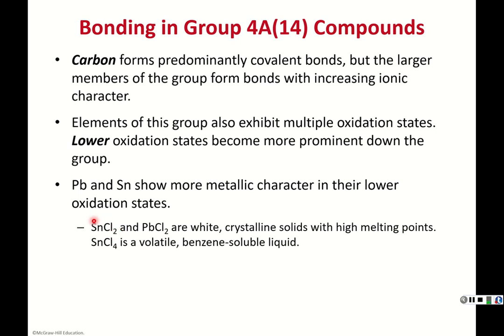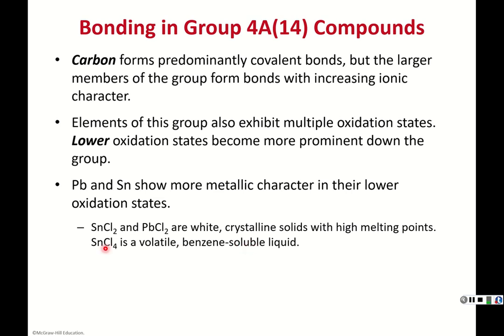The +2 oxidation state of tin and lead are white, crystalline solids, and they have higher melting points, so they're more ionic. Tin in the +4 oxidation state, like tin chloride, is actually volatile, and it's soluble in benzene.